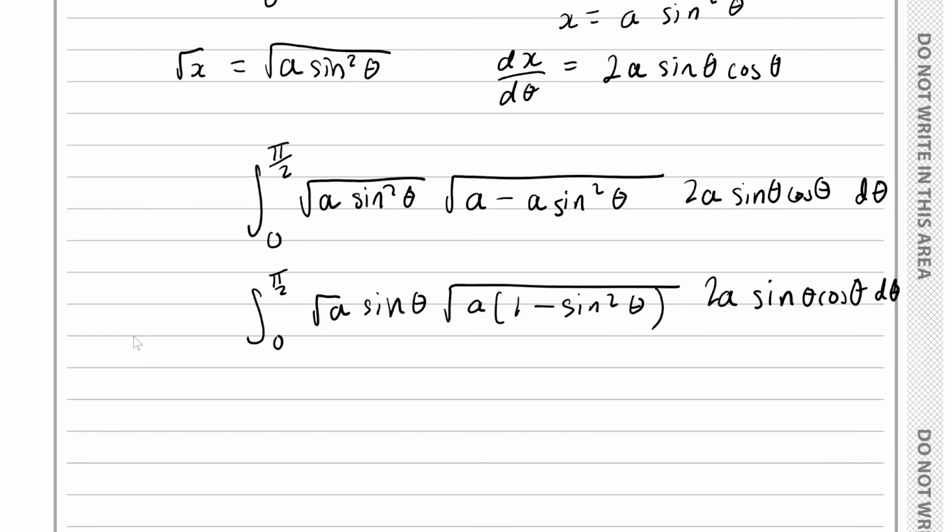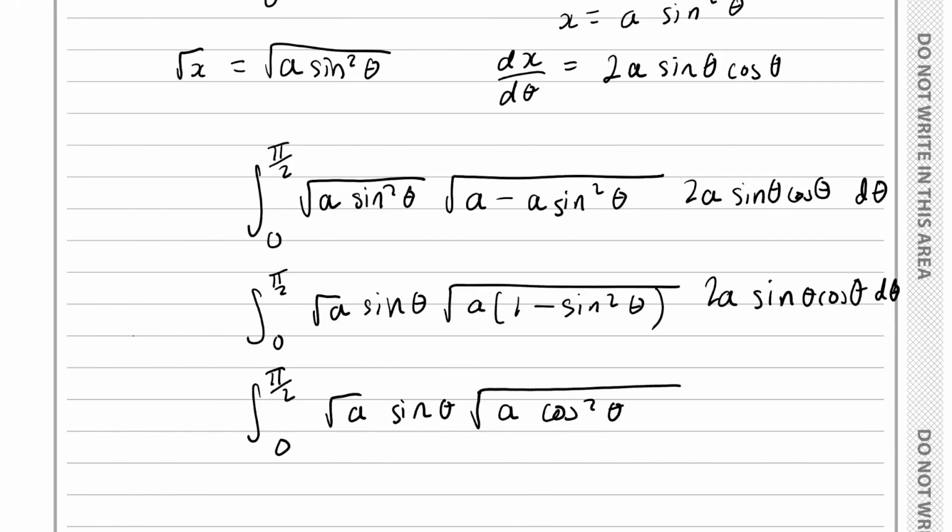So I'm going to change it into root a times sine theta times a cos squared theta, because cos squared theta plus sine squared theta is 1, so 1 minus sine squared theta can be changed into cos squared theta. And that's times 2a sine theta cos theta with respect to theta.